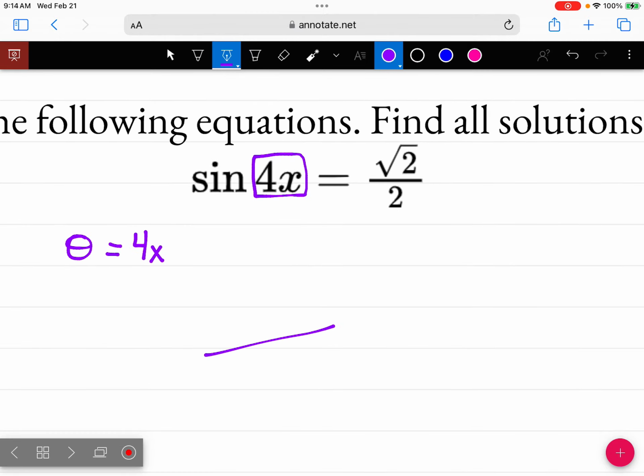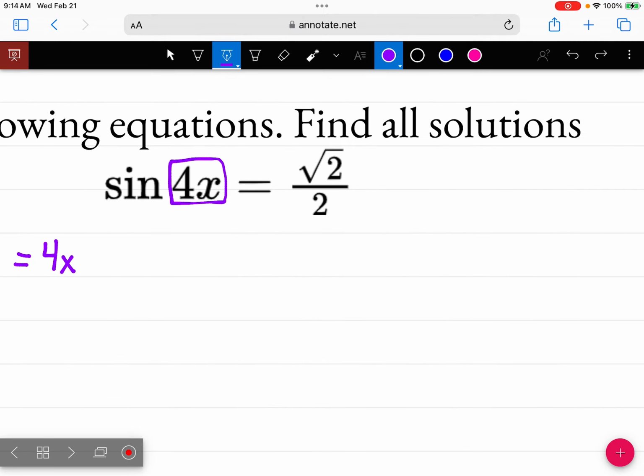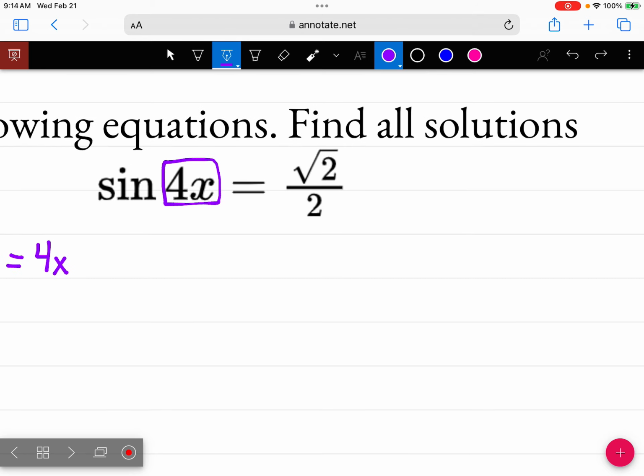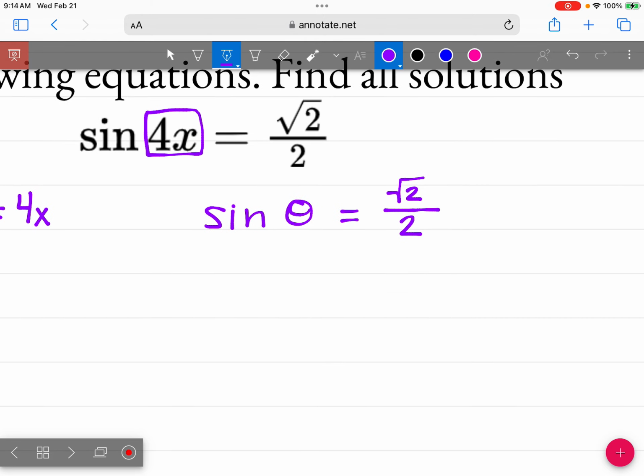Okay, so we're going to substitute our theta in. So we've got our sine of theta equals our square root of 2 over 2. So where do we have that sine of theta? What theta is that? Pi over 4 and 3 pi over 4.